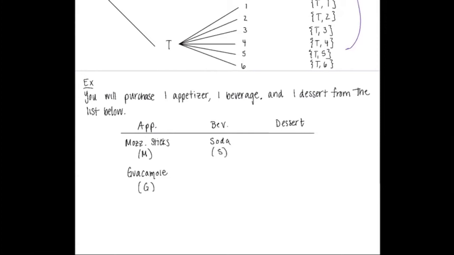We use S here, or a lemonade, which will be an L. And then you got 3 possibilities for desserts. You could pick a pie, you could pick a brownie, which will be B, or you could pick a cake. So everything is written by their letters.